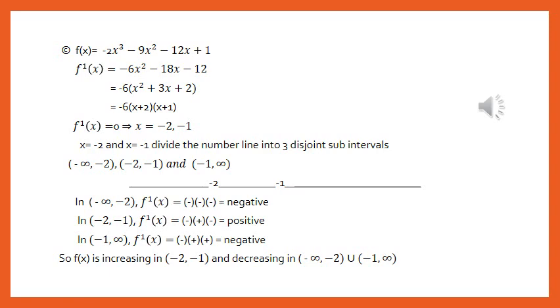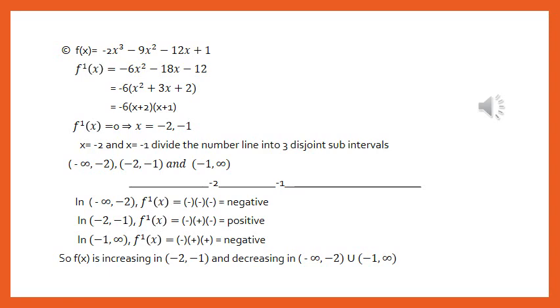So let's take minus infinity to minus 2. We choose a number in this interval. Suppose x is equal to negative 3. So you put x equal to negative 3 in f dash x equal to negative 6 into x plus 2 into x plus 1. You know this is negative 6, negative 6, this is negative.